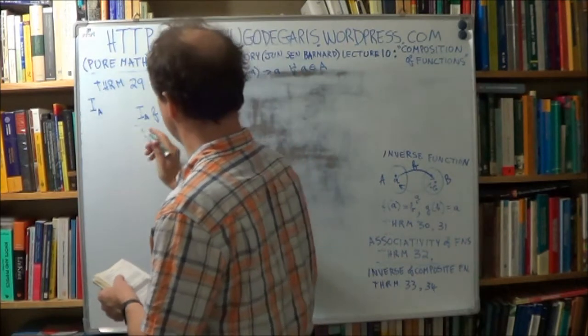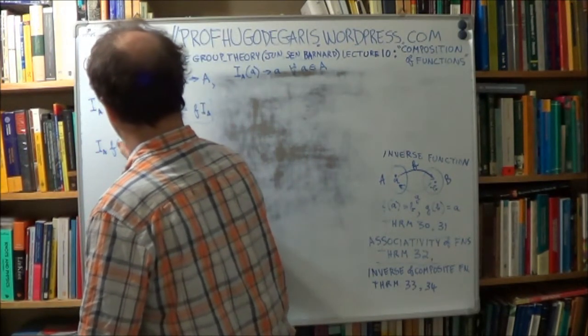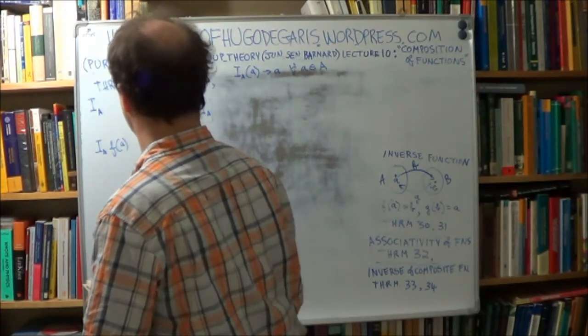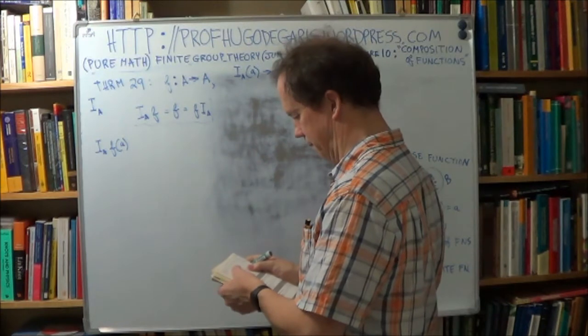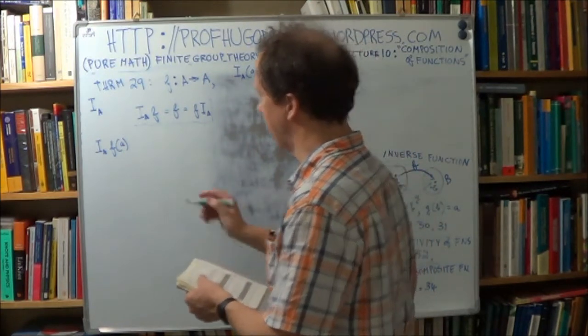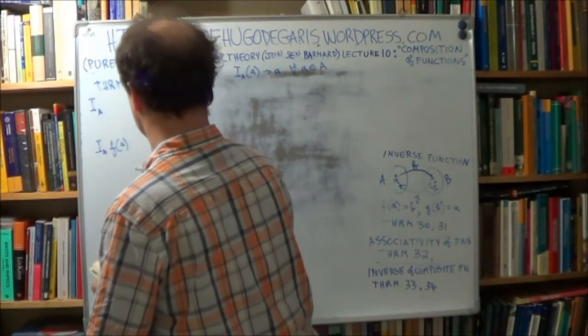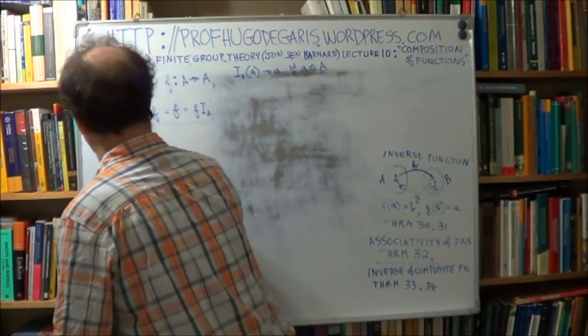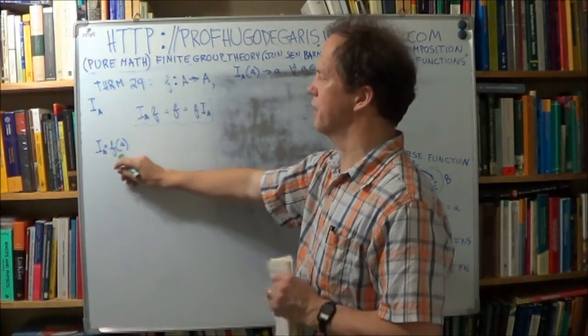Let's try this one. So I_A of f applied to little a. Let's make it a composite function.